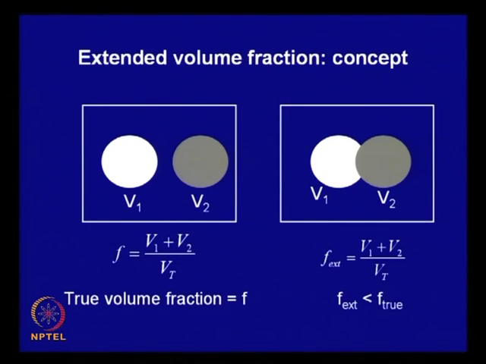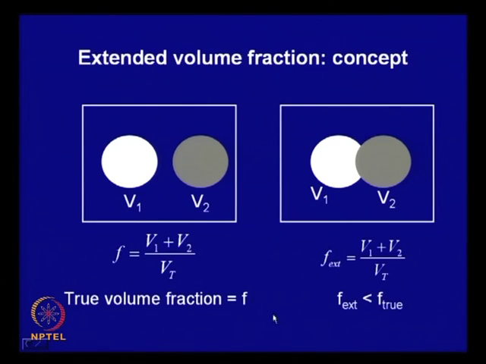Now, a quick look at this process which is shown over here. Imagine this is one nucleus which is growing, this is one grain which is growing, this is another which is growing, and this volume is V1, this volume is V2, and let us say the volume of the total space is V total, Vt. So, the fraction transformed you can estimate as the sum of V1 plus V2 over total.